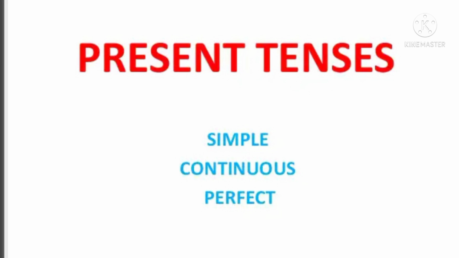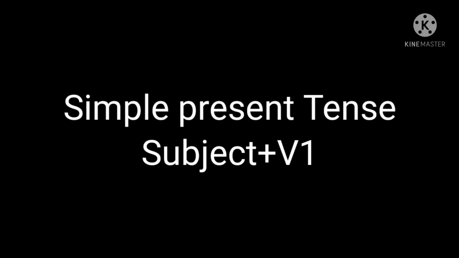First we will study the simple present tense. The form or structure of simple present tense is subject plus base form of the verb, or V1 form, or the present form of the verb. Since we have learned regular and irregular verbs, you must be remembering the present, past and past participle forms of verbs.